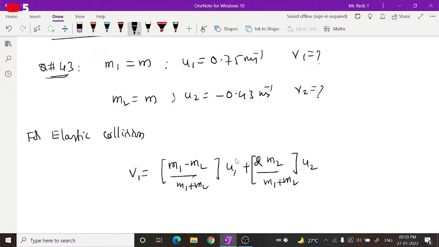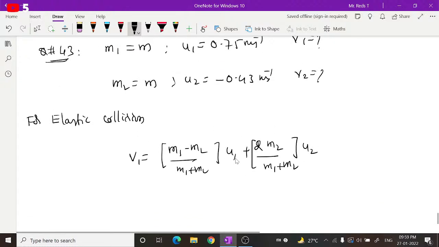Substitute the values. m1 is m, m2 is also m. So m minus m becomes 0. As they're identical, this term will become 0, so no need to calculate that. That is equal to 0 plus 2m2 by m1 plus m2. So m plus m is 2m, 2m by 2m gets cancelled, leaving u2.